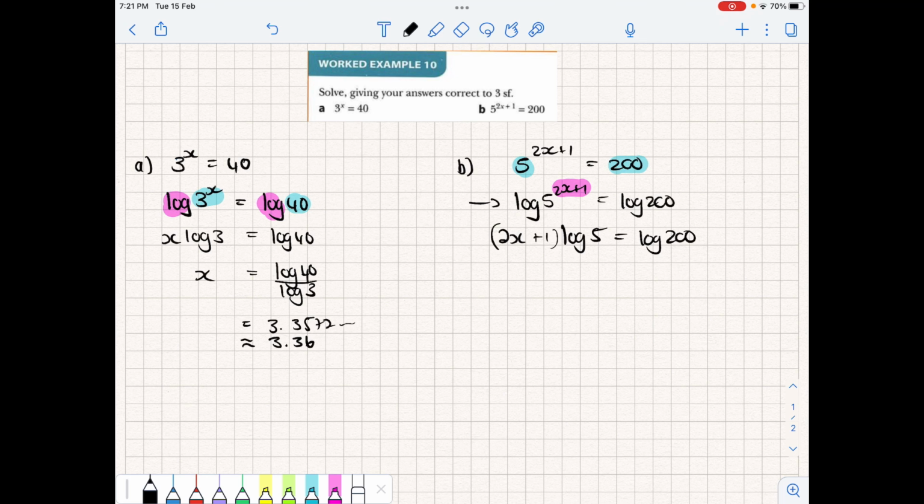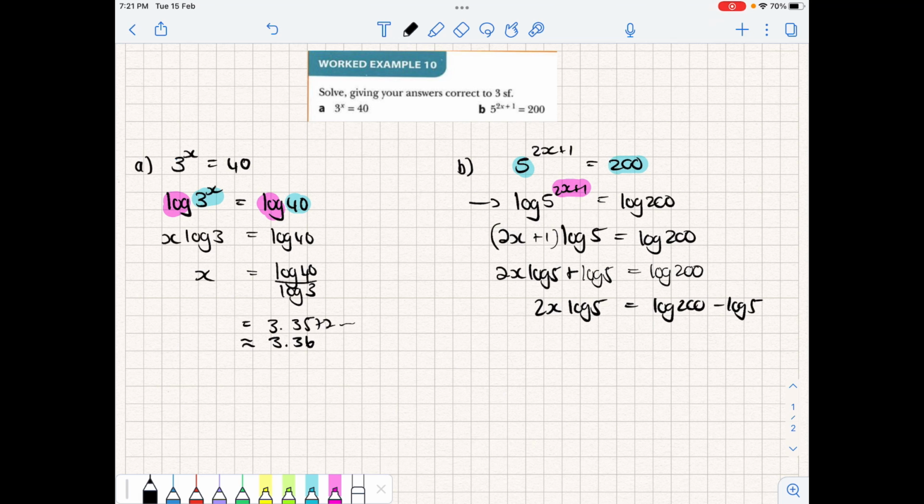We can expand this bracket out, so we get 2x log 5 plus log 5 equal to log of 200. We can take the log 5 to the other side, so we get 2x log 5 equal to log 200 minus log 5.